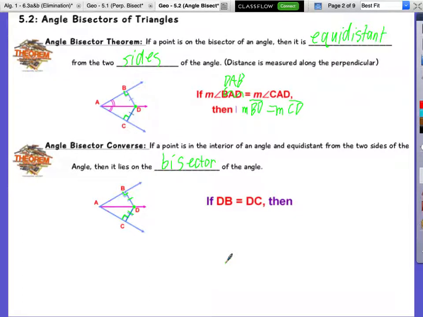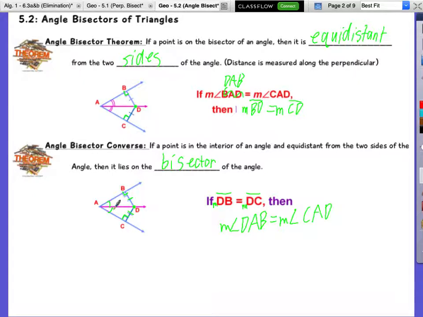So if the measure of segment DB is equal to the measure of segment DC, then the measure of angle DAB must be equal to the measure of angle what? CAD. So we're saying if it's equidistant from these two sides, it has to be on the angle bisector.